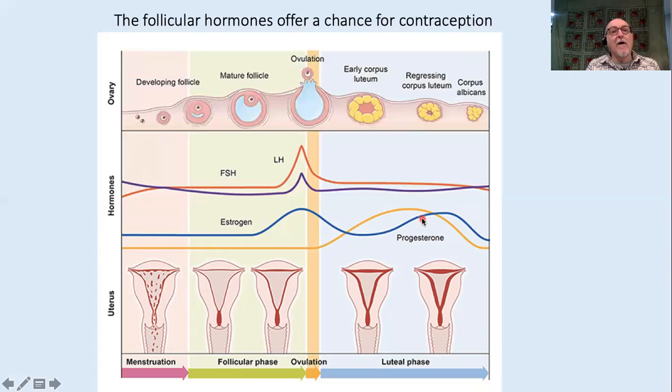And then after 23 days or whatever, the pill is changed and it's basically sugar pills. They contain no hormone at all for a couple of days. And when that happens, the hormone levels plummet like this, and a bleed results.